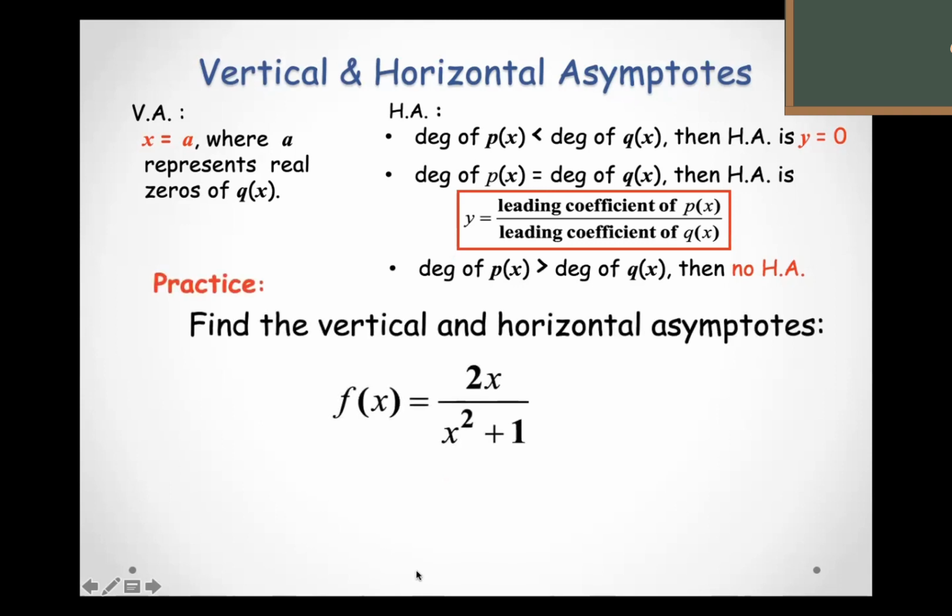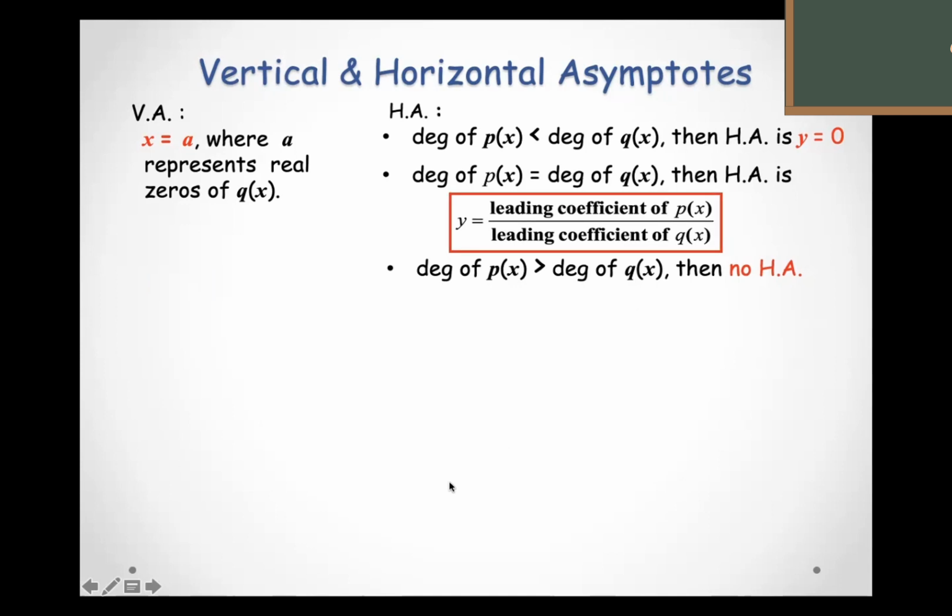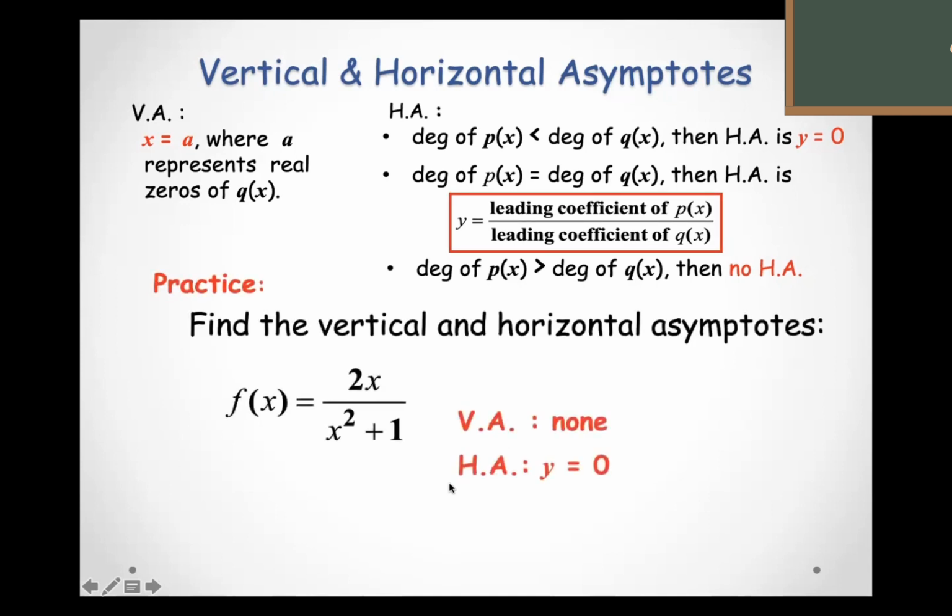Another example. Find the vertical and horizontal asymptotes of this rational function. f of x equals 2x over x squared plus 1. Okay. This is not factorable. So, for the vertical asymptote, you cannot factor this one; it is only a sum. So, there is no vertical asymptote. Nothing makes the denominator zero.